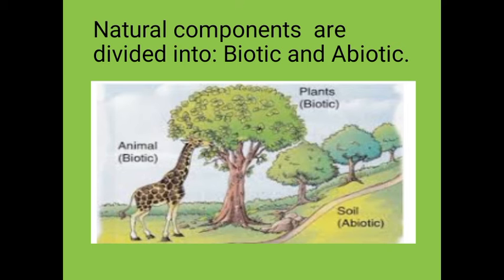Biotic components are plants and animals, and they make up the biosphere. Whereas non-living things such as land, soil, air, water are the abiotic components. Land, water, air, and this soil also comes under land.